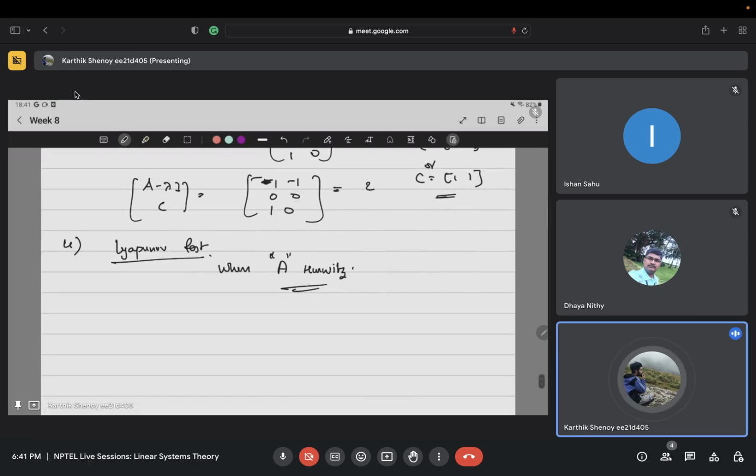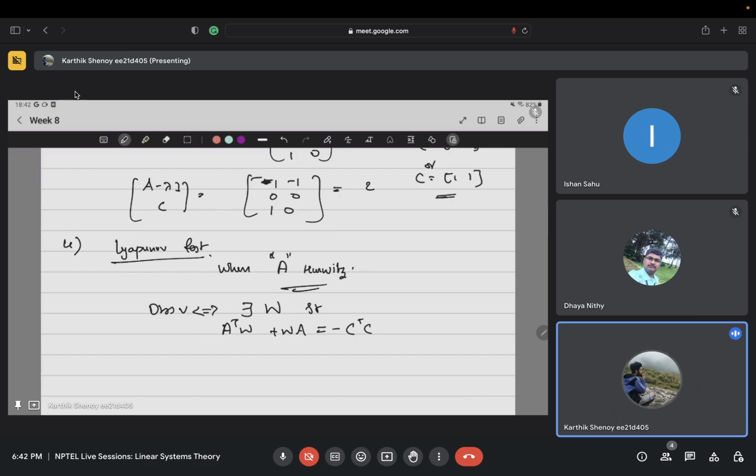So when A is Hurwitz, observability implies there exists a unique W such that A transpose W plus WA equals minus C transpose C. I am always confused, but I think it's C transpose C.